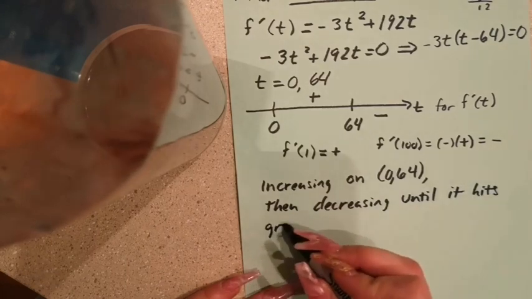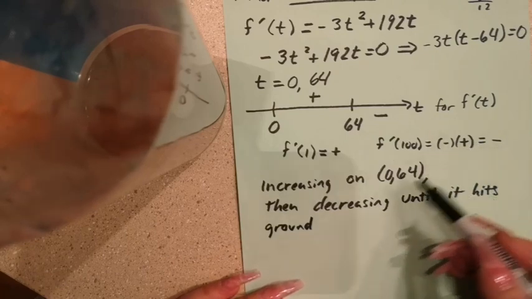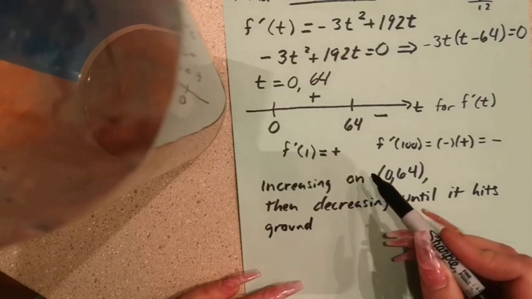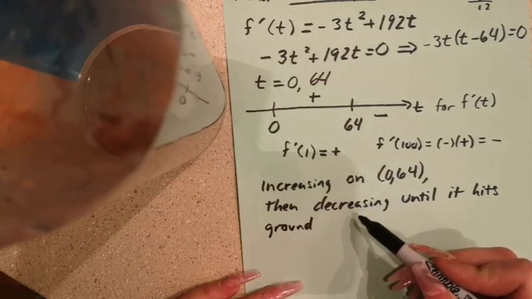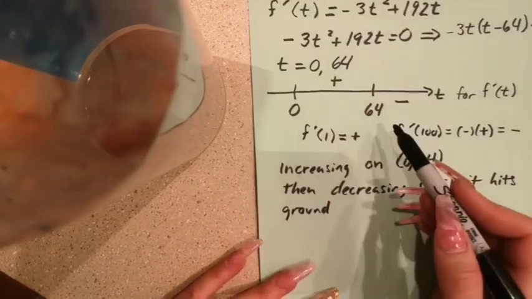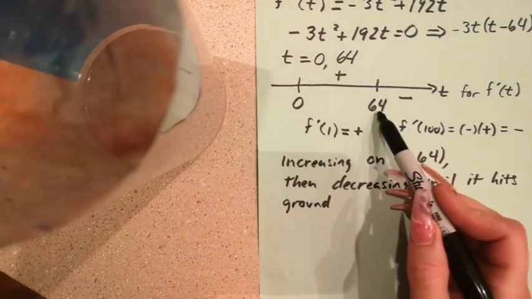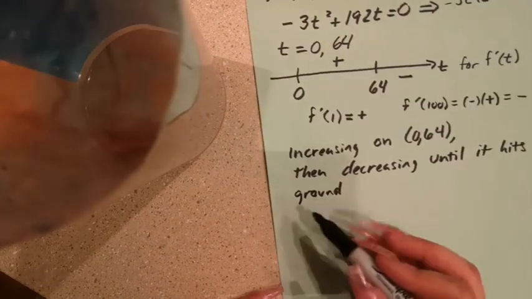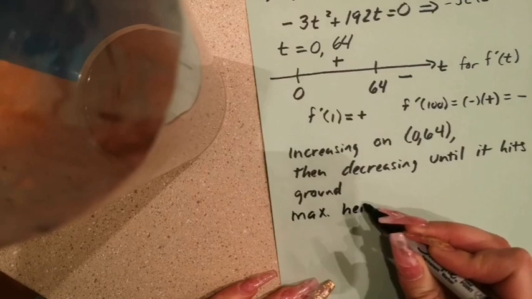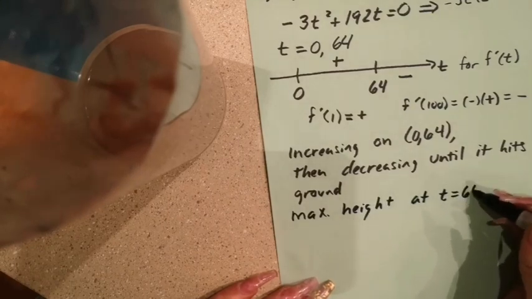Didn't actually determine when it would hit the ground. So if it's increasing till it gets to 64, then it starts decreasing. Well, I guess the max height then would have to occur at 64, t equals 64. So the max height would occur at t equals 64.